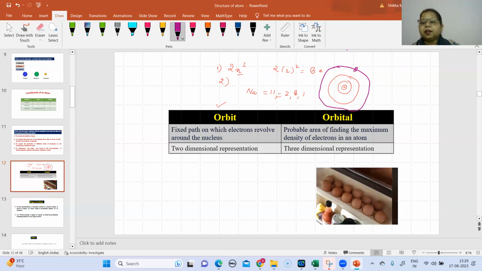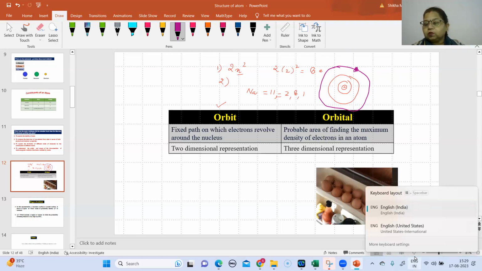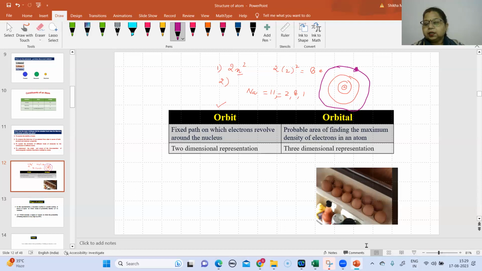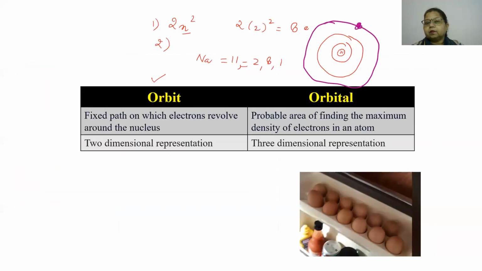If I have to find the electron, I have to flush out or look out for this electron in this entire area. That will be a lot of effort. And again, it will not be a precise position.